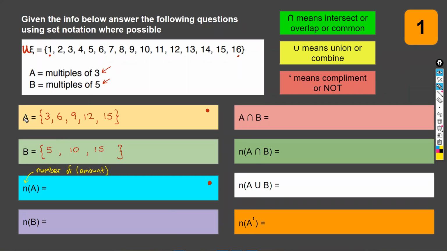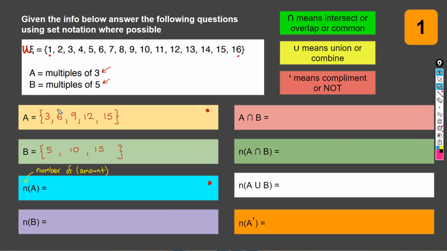Now, let me show you the slight difference. If it has plain old A alone with no N on the outside, you just have to list all the values with commas and the little squiggly brackets. But whenever they ask you for n(A), they're asking you for the amount of answers you got. So how many answers did we get for A?